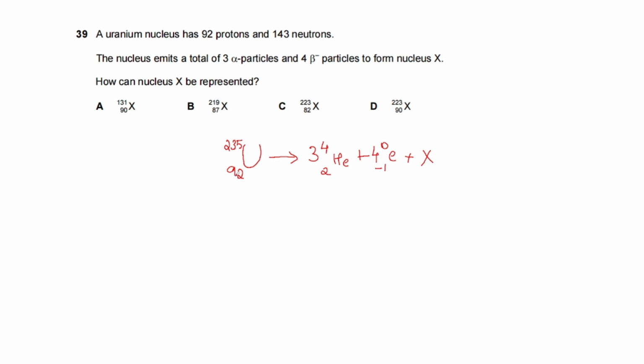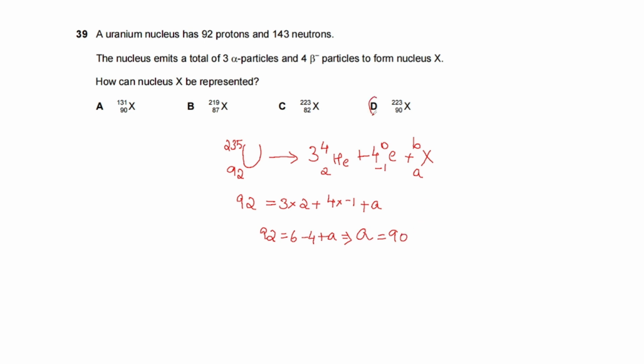So we can check for the proton number first. On the left hand side it is 92, and we can substitute here the proton number as A and the mass number as B. So this 92 must be equal to 3 times 2 plus 4 times minus 1, and in the second element plus A. So it will be 92 is equal to 6 minus 4 plus A. After doing the calculation, you will get A is equal to 90.